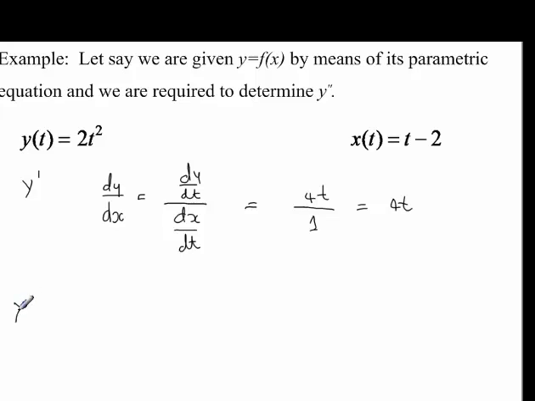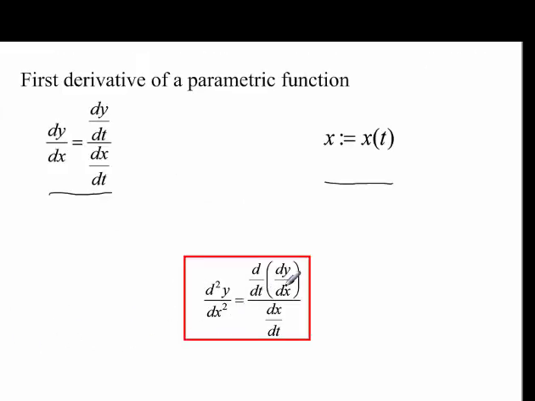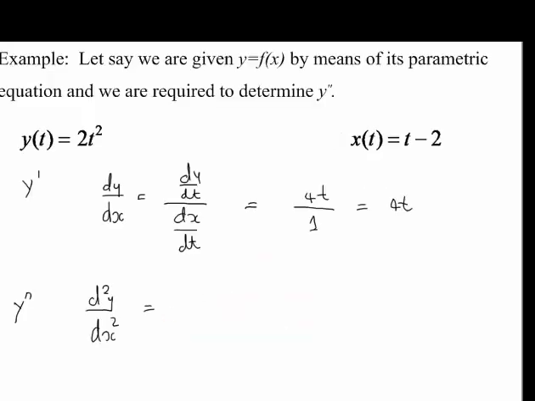Now for the second derivative, which is d²y/dx², we follow the formula we've just seen here. We need to differentiate dy/dx with respect to t. So we say d/dt of dy/dx, which is this. Then we put here 4t over dx/dt.